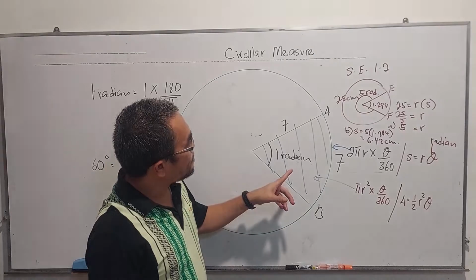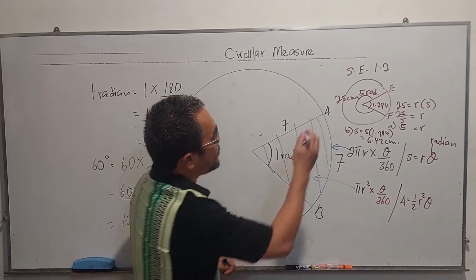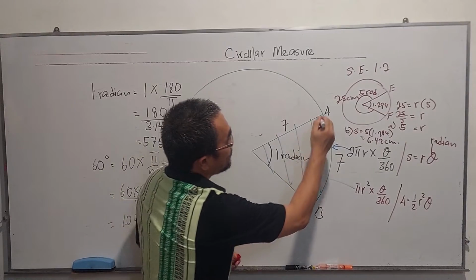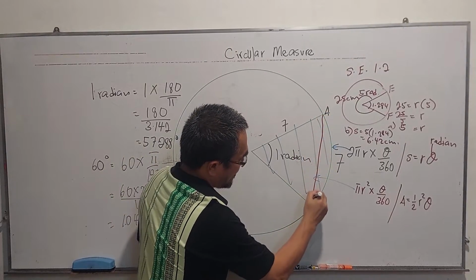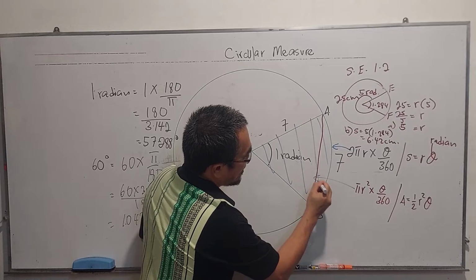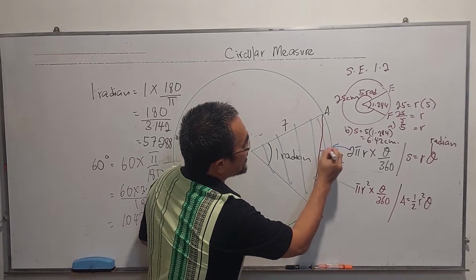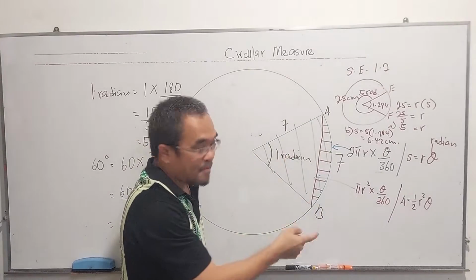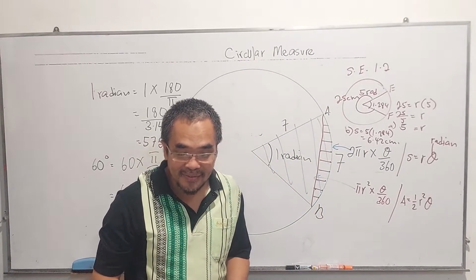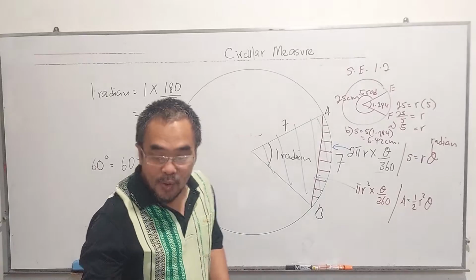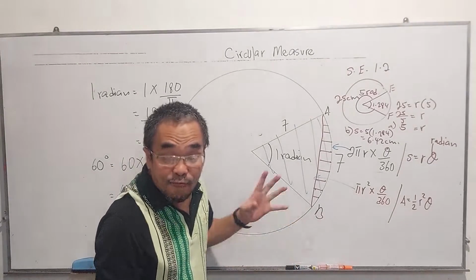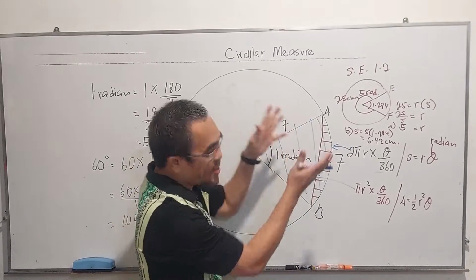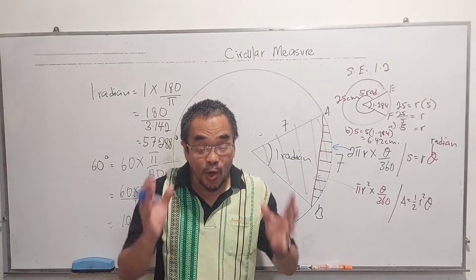Sometimes they give you a shaded region, for example, a line like this, the segment. How to find the segment? Sector minus triangle. So it will involve other chapters. They will not just ask you about this thing, they make it complicated.